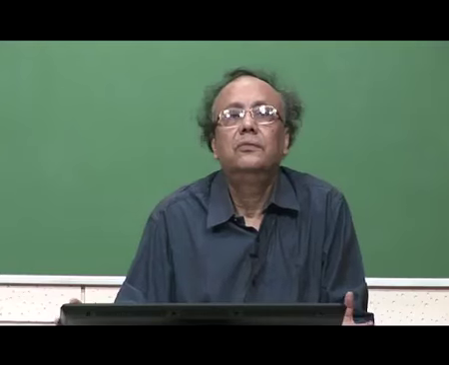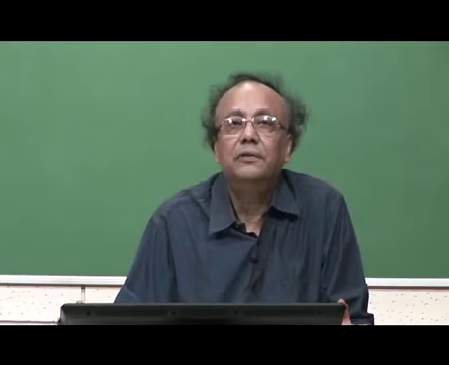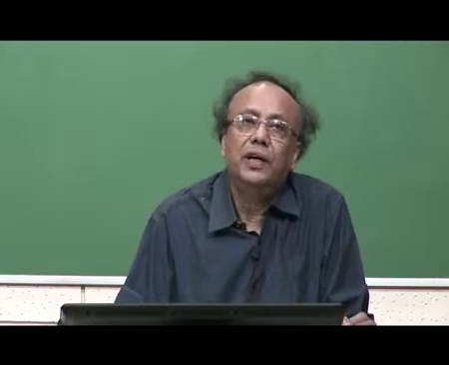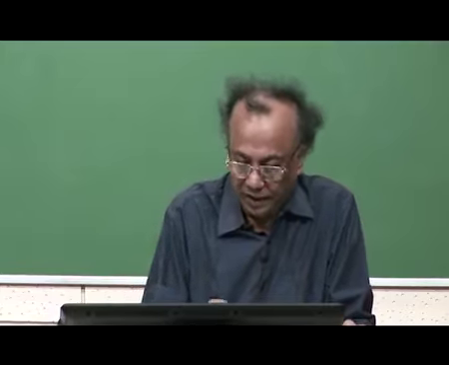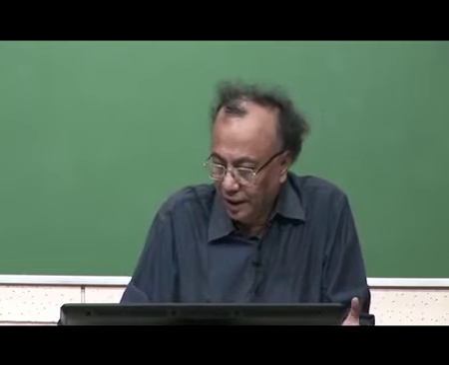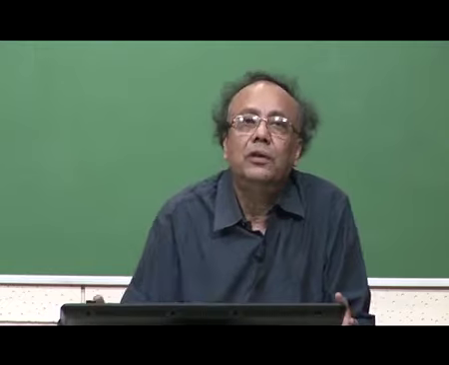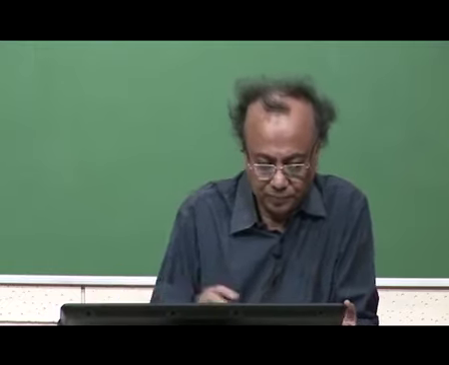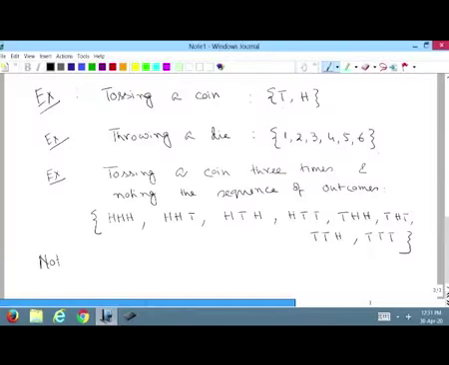As you know, there can be 8 different sequences, because there are 2 possible outcomes for each trial, and therefore we get 2 cube, that is 8, to be the set of possible outcomes. Notation: this set of possible outcomes is denoted as omega or S, and this is called the sample space.